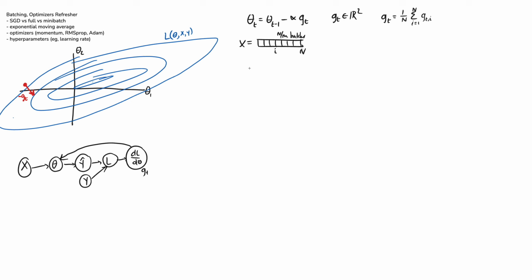You actually need to train over your full data set multiple times. That's called an epoch. So we'll have multiple epochs, where we still batch every epoch. Basically, the outer loop of the training loop is over your full data set.